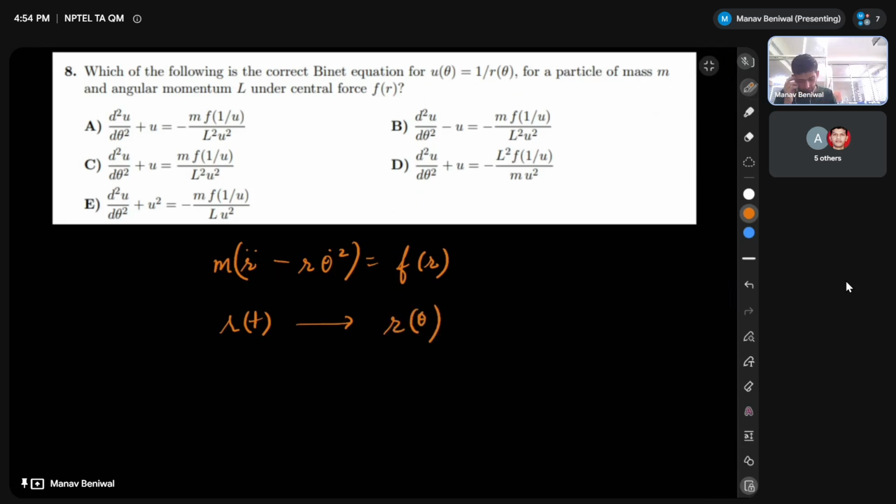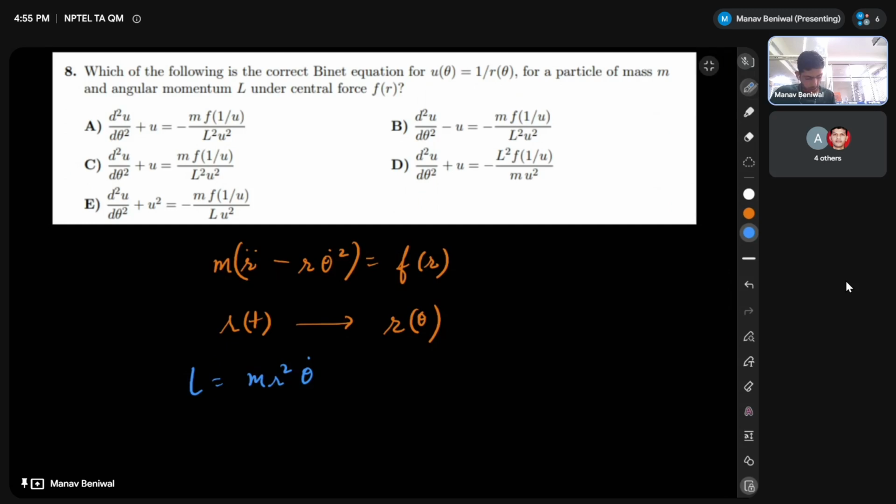So basically I need to change the independent variable from time to my angle, right? From t to theta. And what is the one equation which will allow us to do that? It is the equation of angular momentum, right? So we know that our angular momentum is m r squared theta dot. We have this equation.